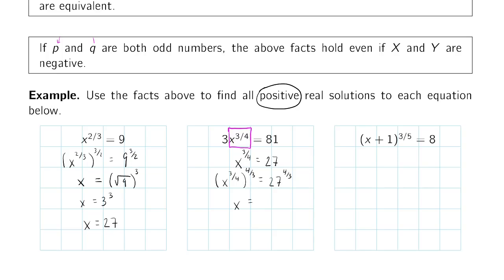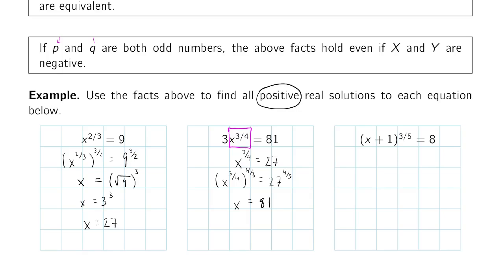X is 27 to the 4/3. At this point, I'm going to start putting these rational powers just into the calculator, at least if they give me a nice number. And in this case, 27 to the power 4/3 just gives me 81. So x equals 27 was the solution I got in the first one. X equals 81 was the solution in the second.